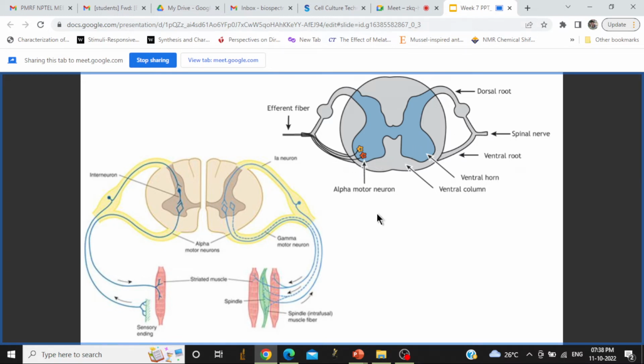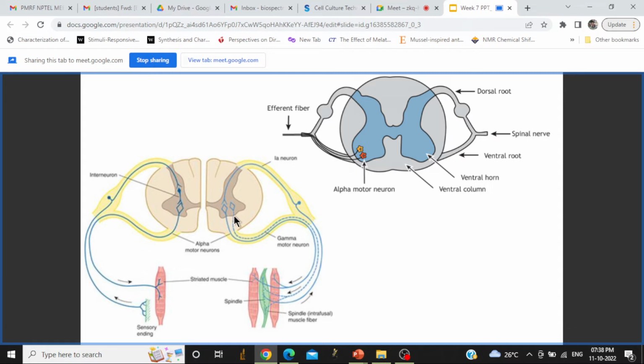So here, why they are called large, and why, like it is shown here. This is the ventral horn, on the right side and left side.